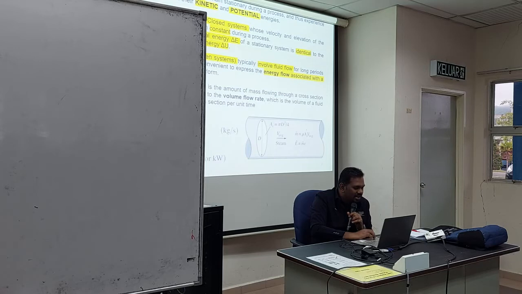So ini adalah formula dia. So kita dah belajar dalam chapter 4. Okay, so mass flow rate m dot equals rho times specific volume, ataupun rho area times velocity, average of the velocity.